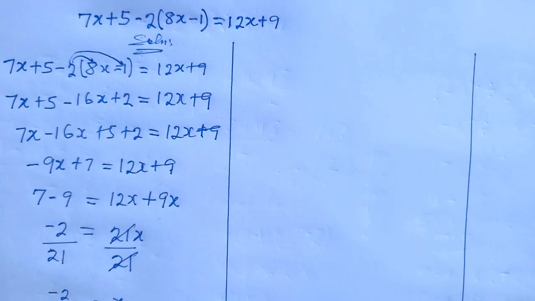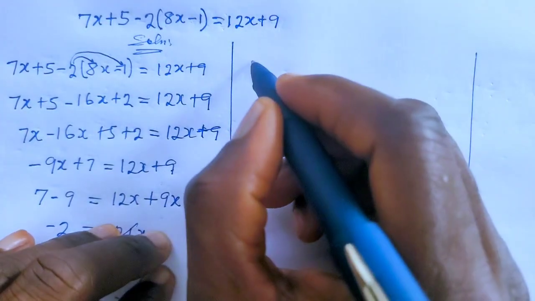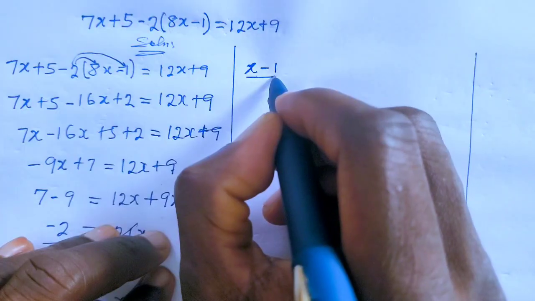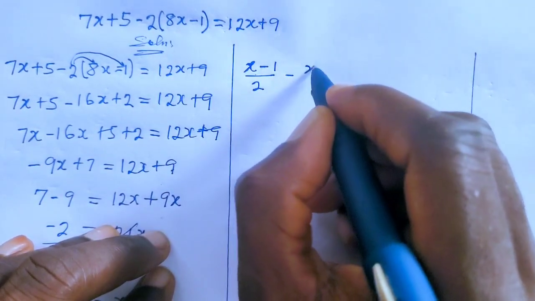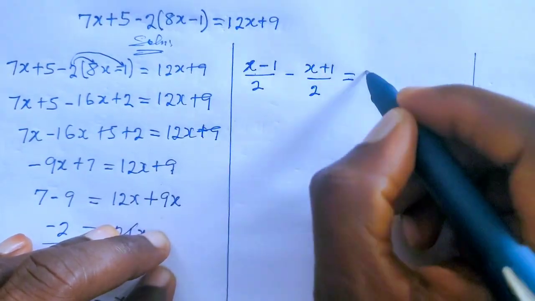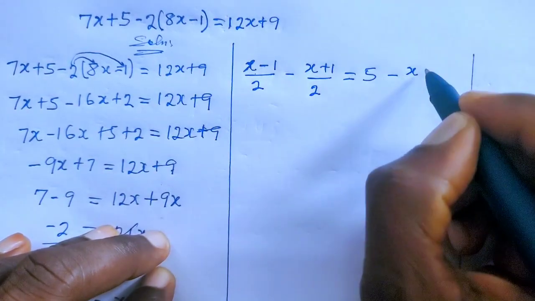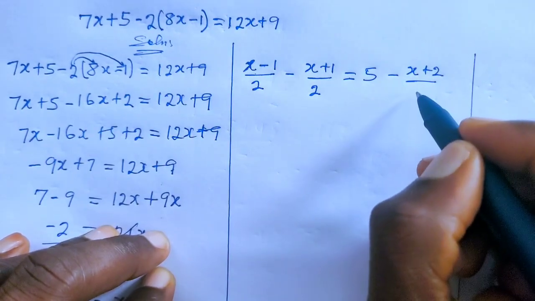Now, for instance, I'm going to consider the next example still on this basic algebra. Now, for instance, if we have (x - 1)/2 - (x + 1)/2 = 5 - (x + 2)/4.